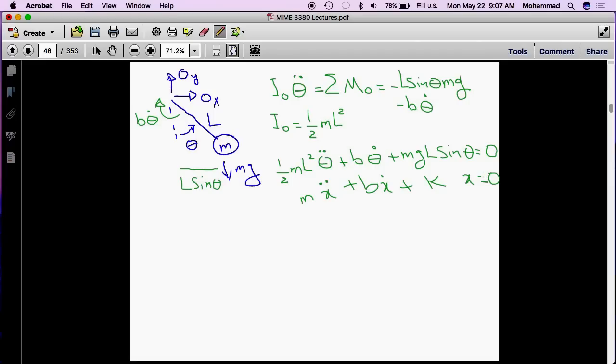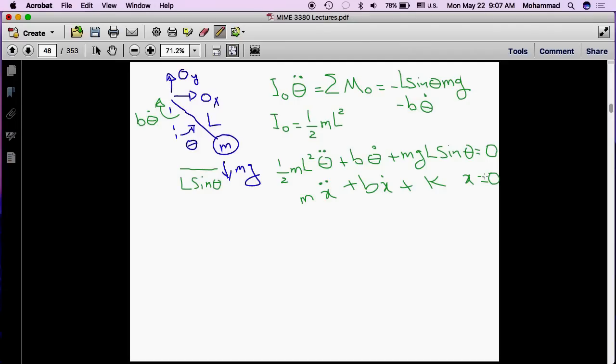Linear inertia is mass. Angular inertia is 1/2 ml squared. So it also has to do with the distance, and the distance is even more important than the mass. It's power 2. Damping, we assumed a similar type of damping or friction, b x dot and B theta dot. Similarity.